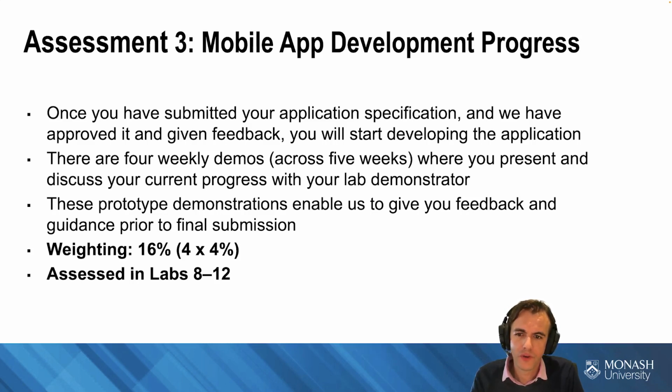Over the 5 weeks from labs 8 to 12, you're going to be demonstrating progress that you've made towards your final app. Each of these will be a little interview with your demonstrator where you'll show them what you've done for your app and show them the code and discuss progress.